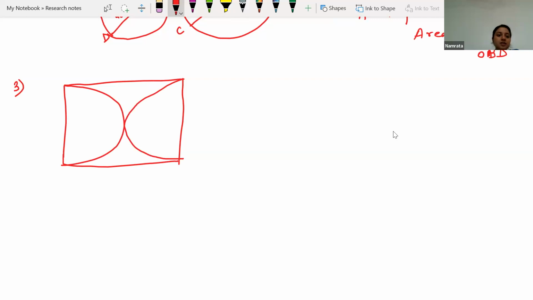And this is the shaded region. Just a moment.